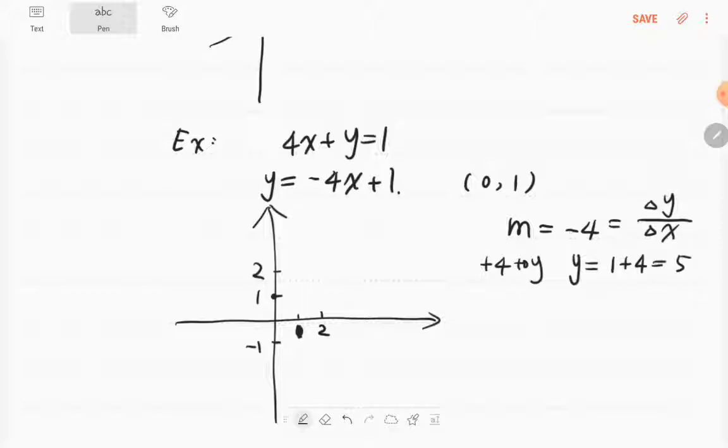Then it's negative 4, so it's just like minus 1 unit to x. So our new x is equal to 0 minus 1, which is negative 1. So we have our new point: negative 1, 5.